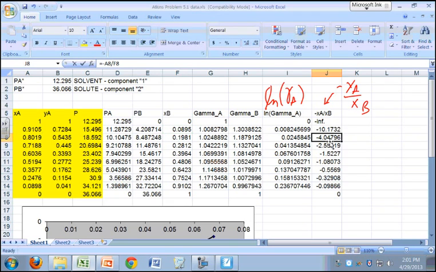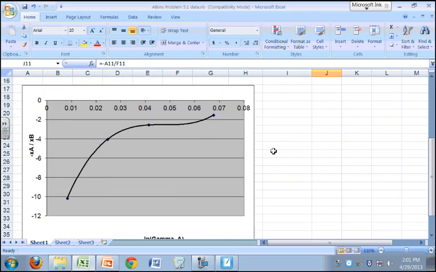This one is negative A8, X of A over X of B, so negative 0.8019 divided by 0.1981. And this one is that, and so on. Okay, so those are your values of negative X of A over X of B. So you're going to plot negative X of A over X of B versus ln of gamma A, and this is what we get. Okay?